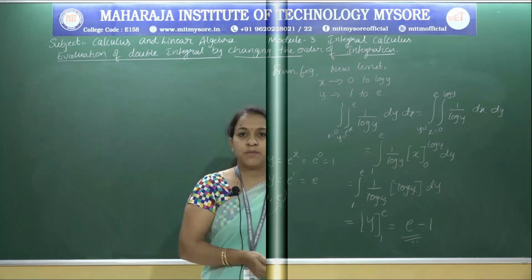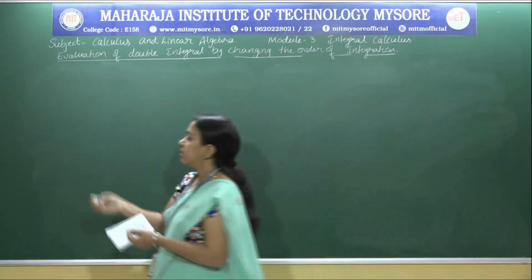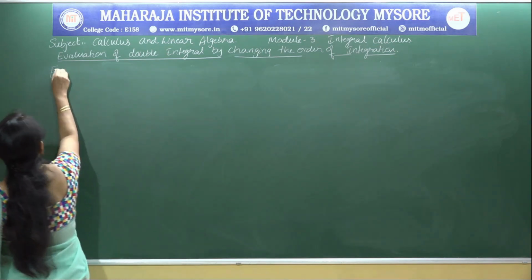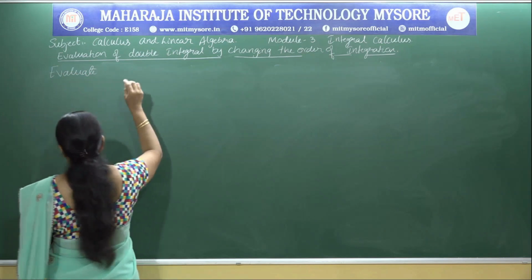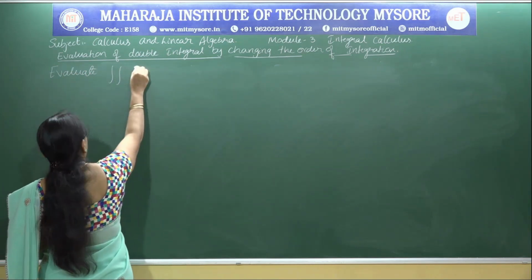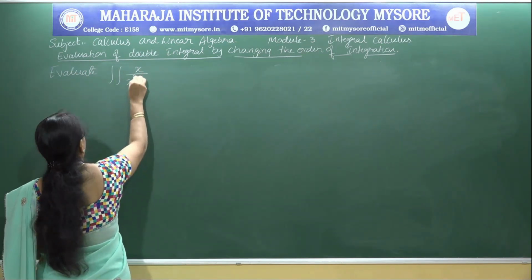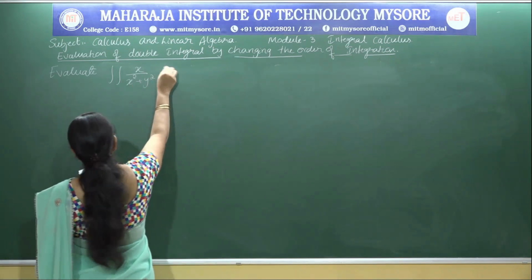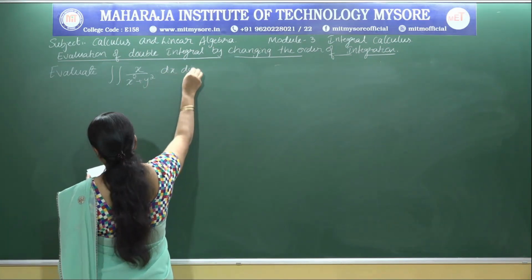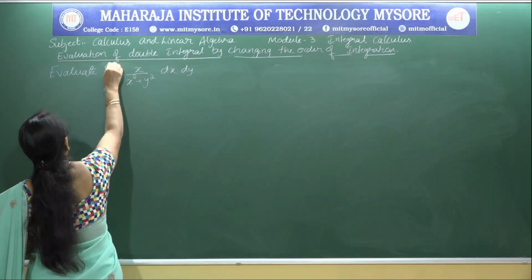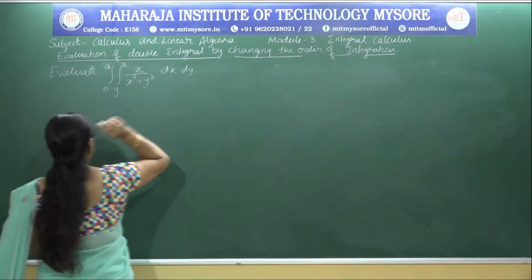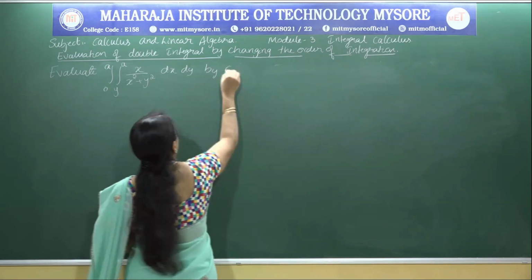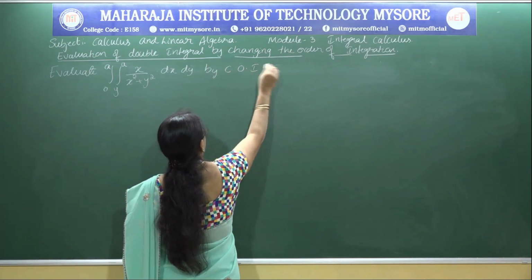Now, solve the next problem. Evaluate the double integral of x by x square plus y square dx dy between the limit 0 to a and y to a by changing the order of integration.